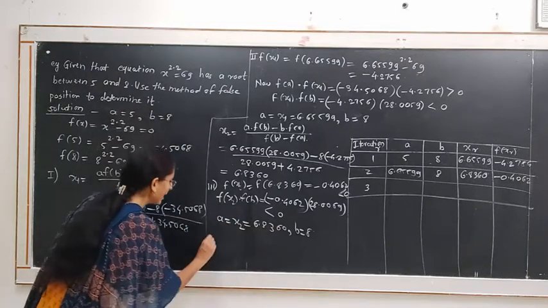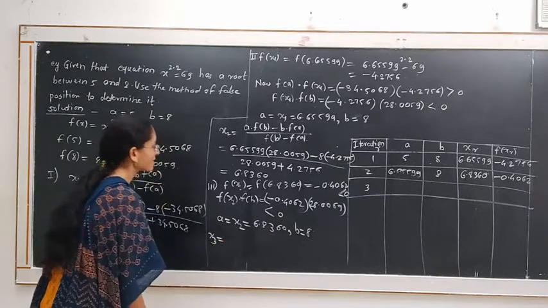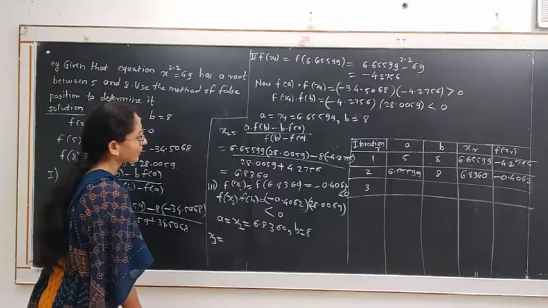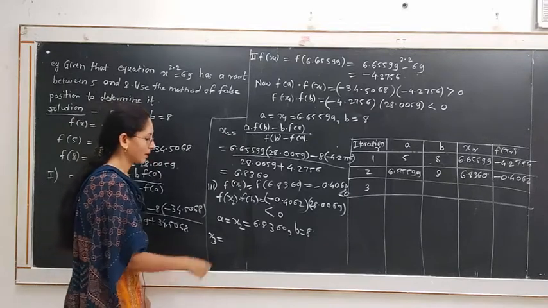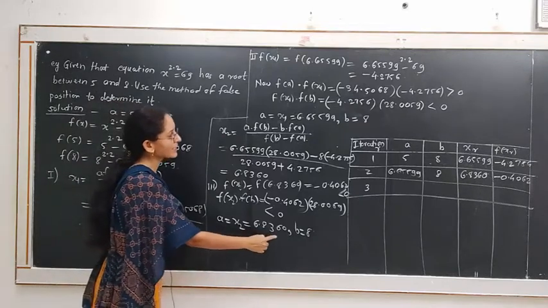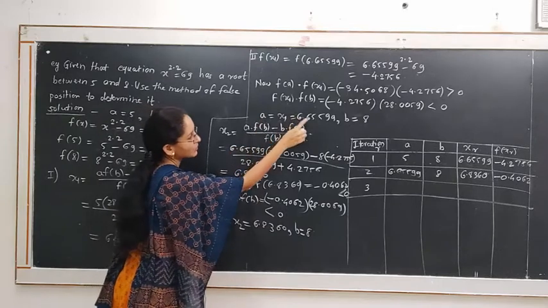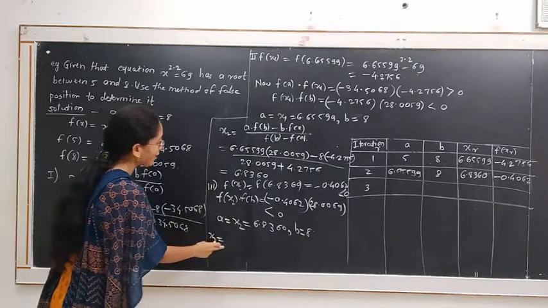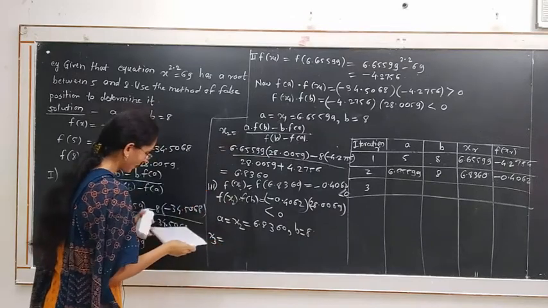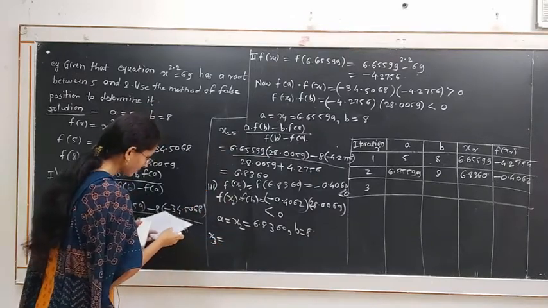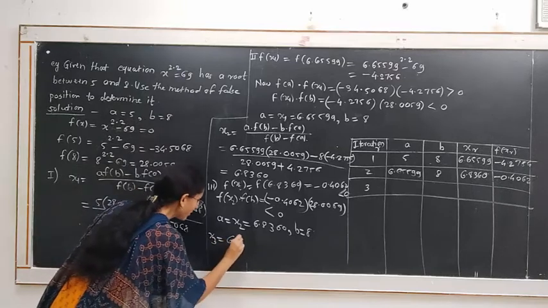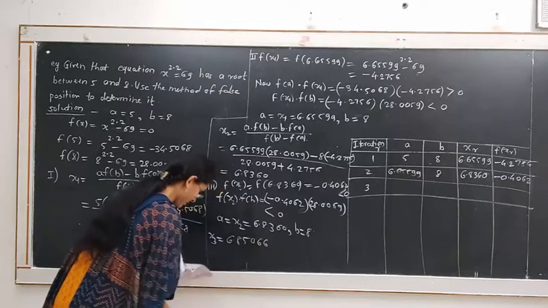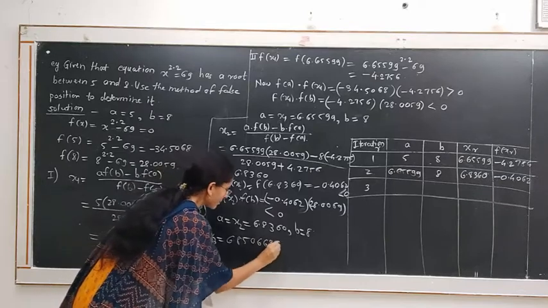Now we calculate the value of x3 by using the same formula: a into f of b minus b into f of a, upon f of b minus f of a. Now a value is 6.8360. If we calculate the value of x3 by using this formula, we will get its value as 6.850696.